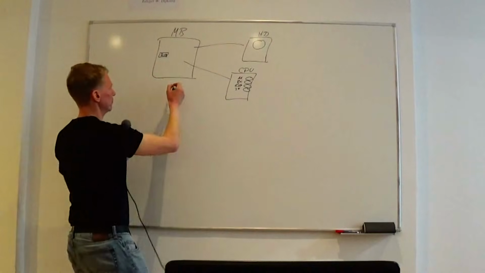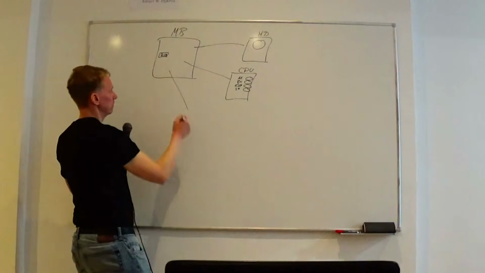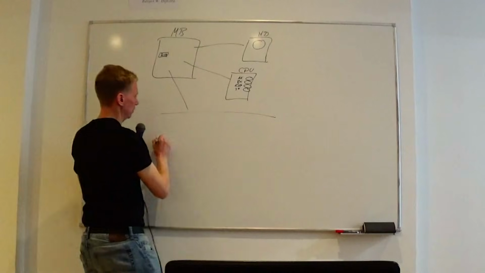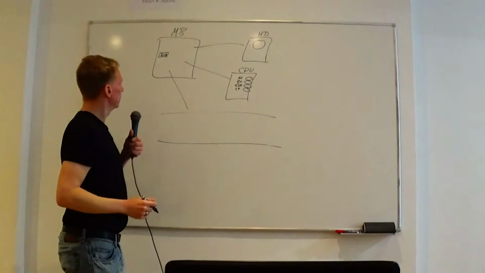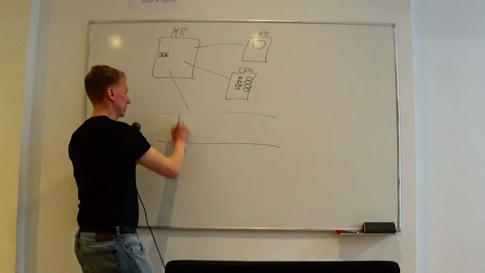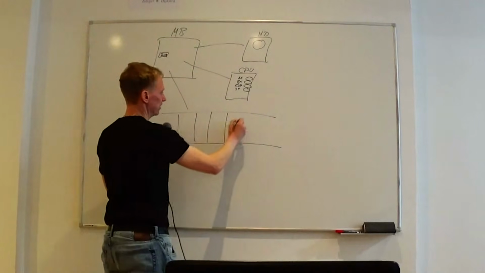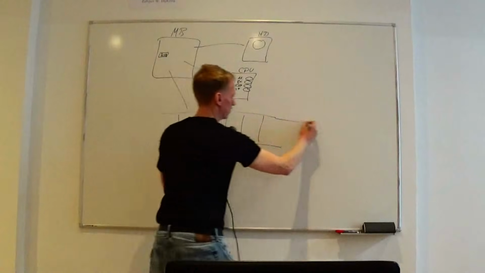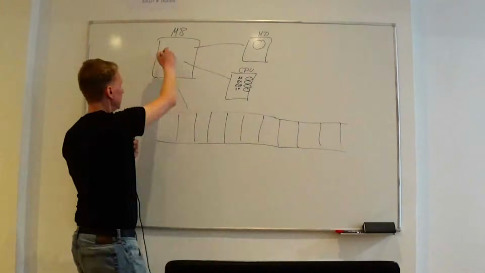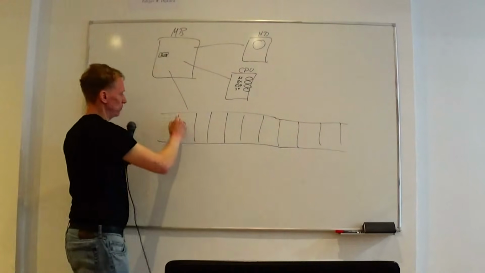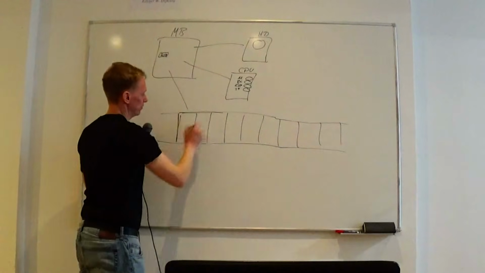When you start your computer, the main board will do the following. It will take the data from the BIOS. It contains basically something like assembler code. So it's your firmware. And it copies the content from the BIOS to the RAM. Here's your RAM.